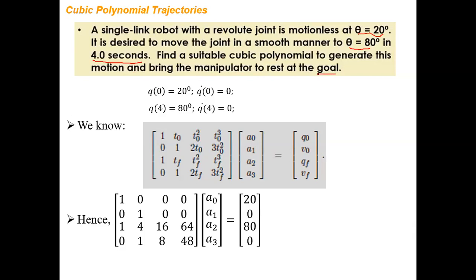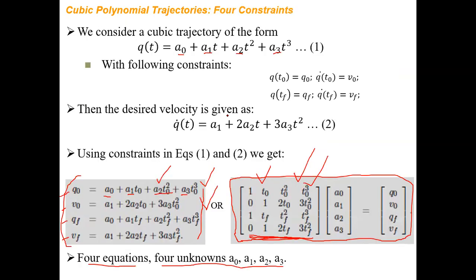Now you see your 4 constraints. You have Q0 equals 20, that's my 20 degrees, and QF is 80. Then Q dot 0, in the beginning, the velocity is 0, and in the end, the velocity is 0. Those are the 4 conditions. So we are going to use, again, this equation here.